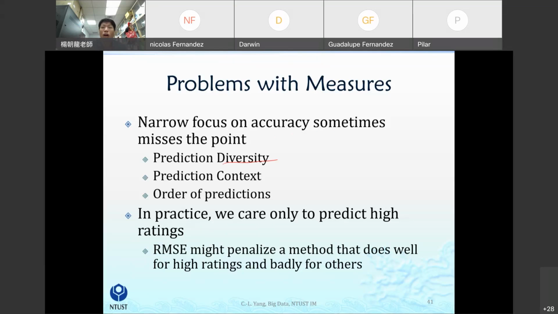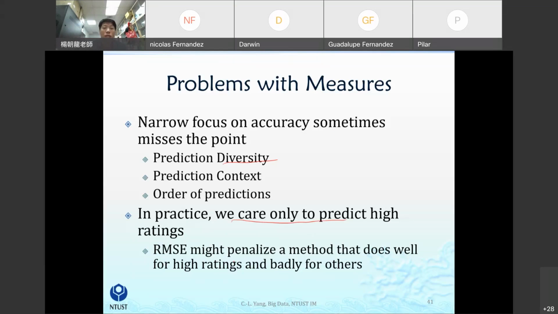For example, I send a message to everybody, the same thing, and that is not really what we want to do, because usually we want more detail in customized recommendation, right? And in practice, we care only about predicting high ratings. That's true.